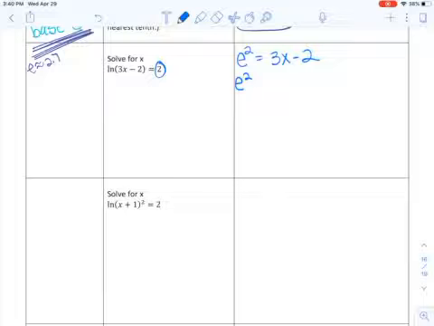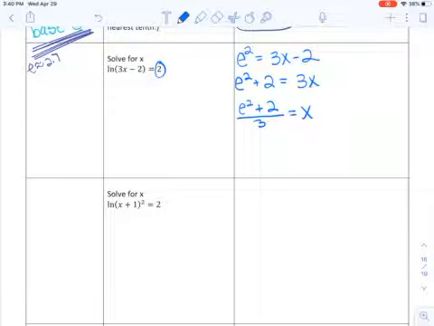So e squared plus 2 equals 3x. And then divide both sides by 3. That's going to give you an exact answer. If you wanted to plug that into your calculator and do e squared plus 2 and then divide by 3, you get an answer that's about 3.1.